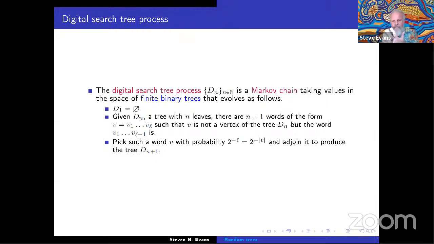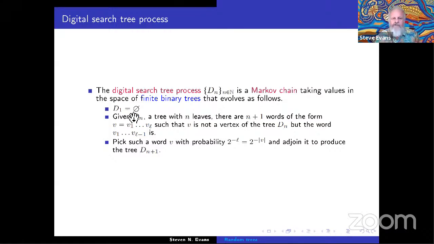That'd take me a little too far afield. But that's called digital search. I'll just explain the resulting Markov chain. And again, it takes values in the space of finite binary trees, and it evolves as follows.